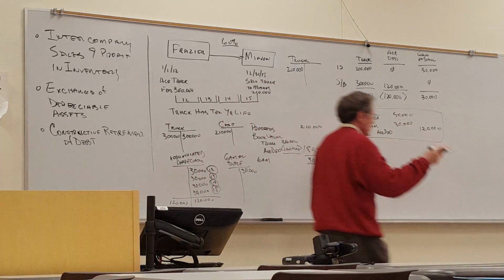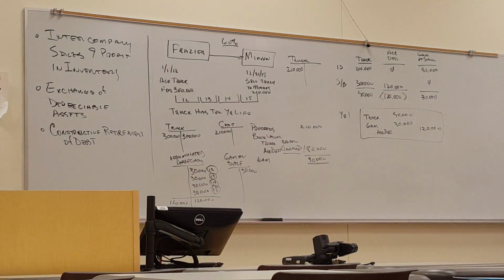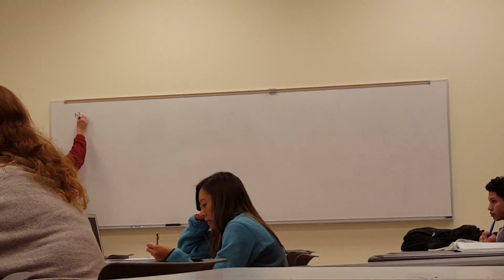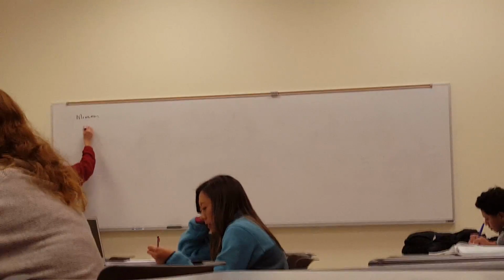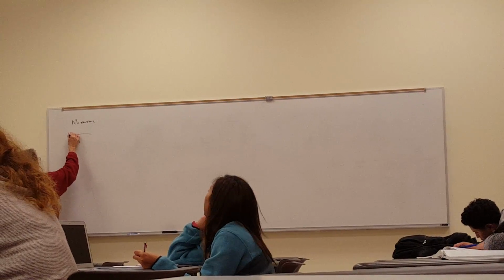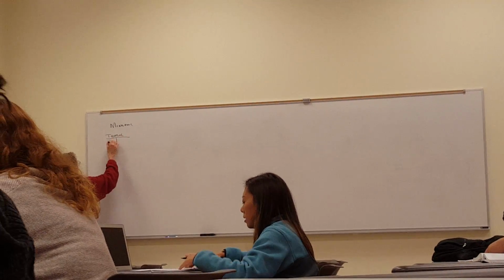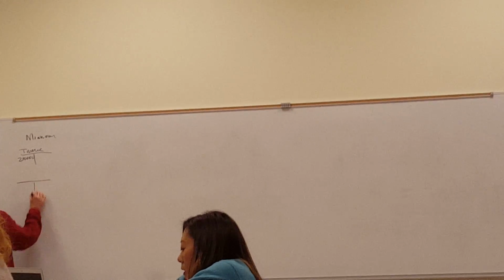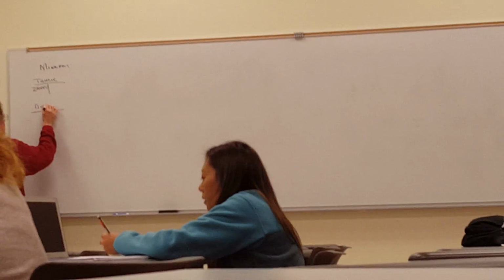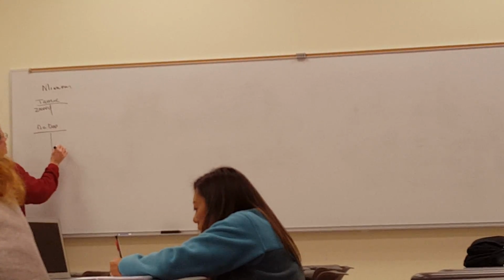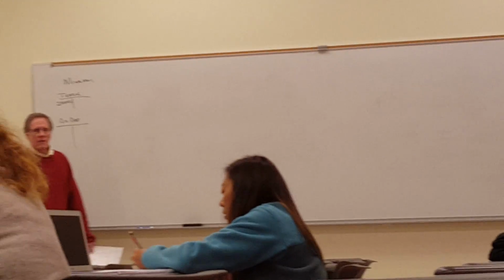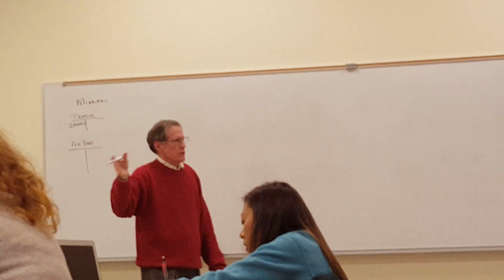Things move along. In year two, we have on the books of Minnow, we have the truck for $210,000. We have accumulated depreciation, which would be, right now we have a 10-year life. We've already taken 4 years.